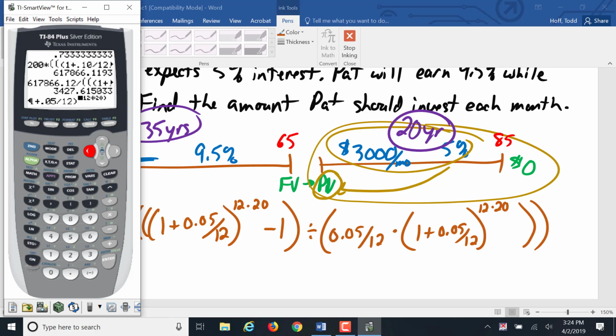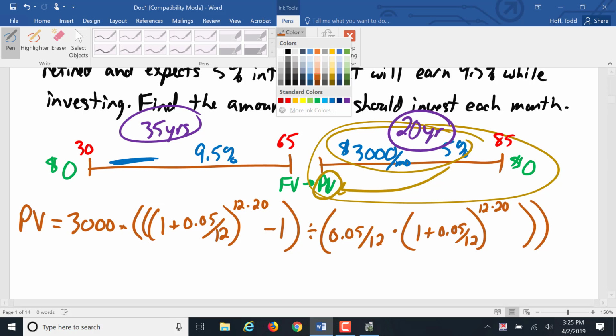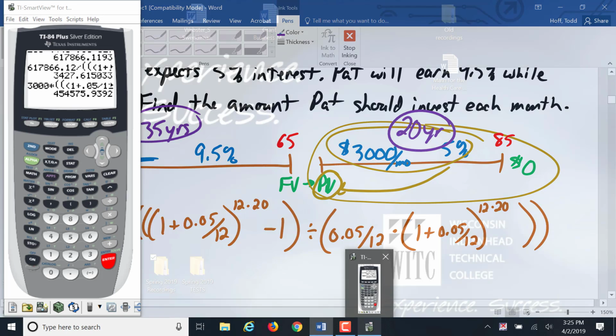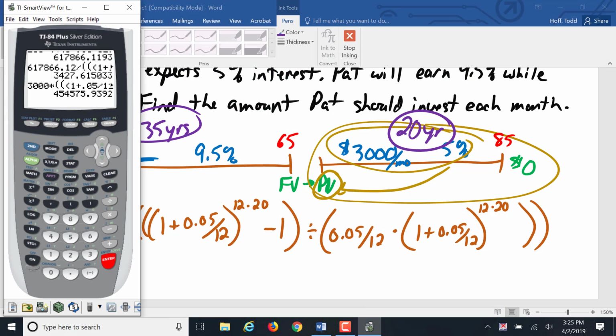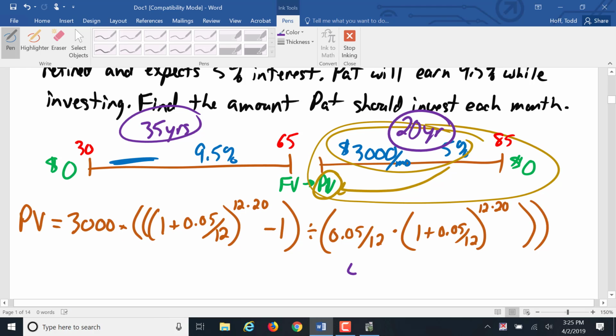Just want to check, make sure I hit the right number here. So we go ahead and we finish that off. The required value is going to be $454,575.94.